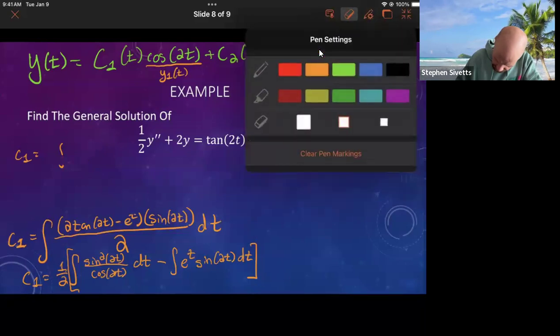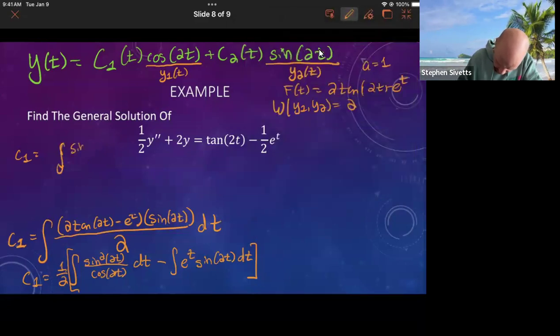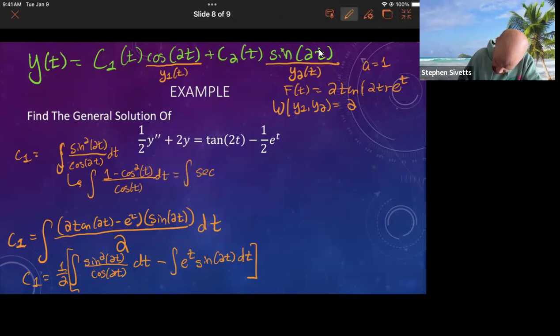If I concentrate on this integral first, I can just use the trig identity. So 1 minus cosine squared t over cosine t, which is equal to secant of t minus cosine t dt.